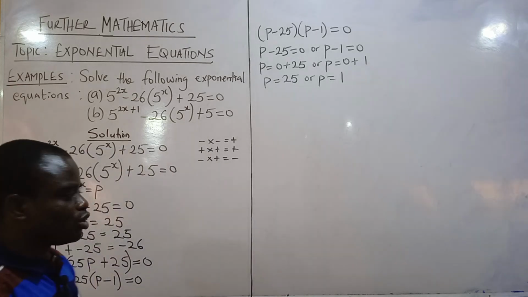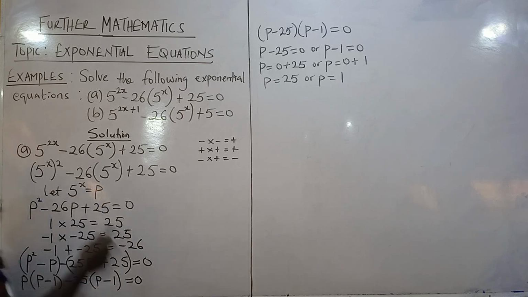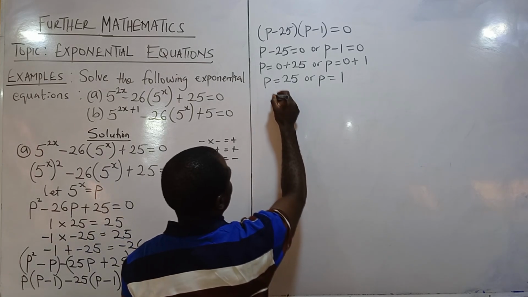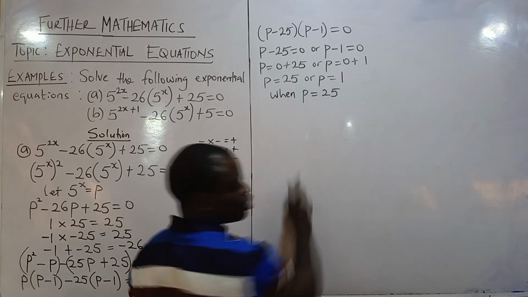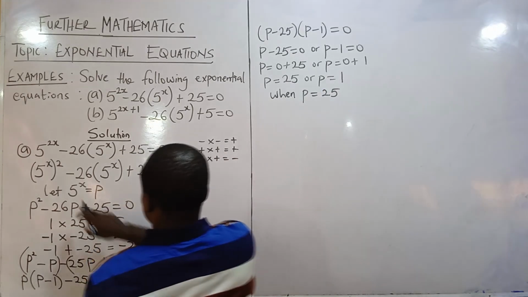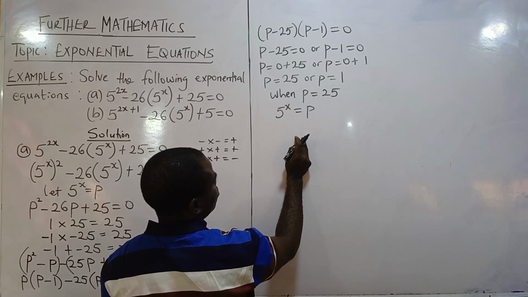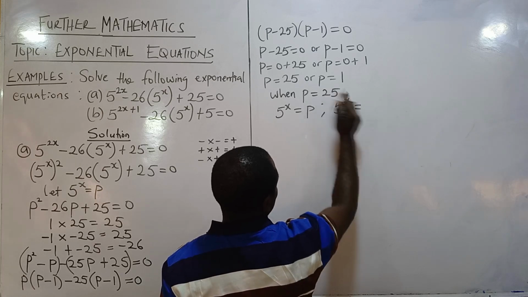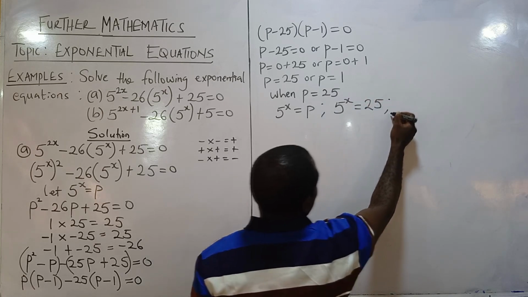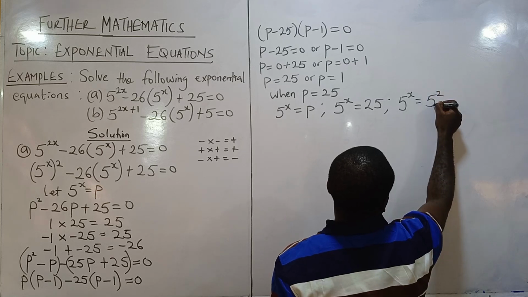Now we can't stop here, because what we did here is an assumption. We let 5 raised to power x equal p. We go back to it and pick them one after the other. When p equals 25, we want to know what x is. Now 5 raised to power x equals p, and the value of p is 25. So 5 raised to power x equals 5 raised to power 2.